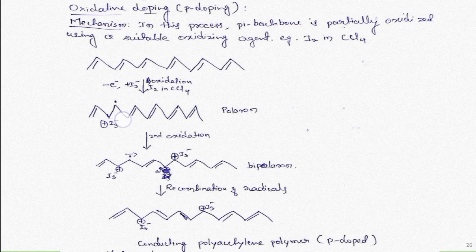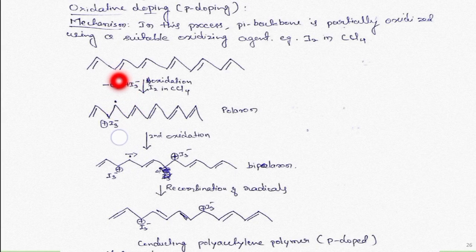For example, oxidative doping, that is p doping. In this, for example, the polymer is treated with iodine, which is dissolved in carbon tetrachloride solvent. When the polymer is reacted with or doped with iodine, the iodine is an oxidizing agent, so it will oxidize the polymer chain.